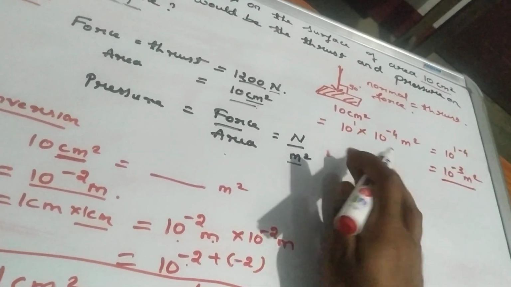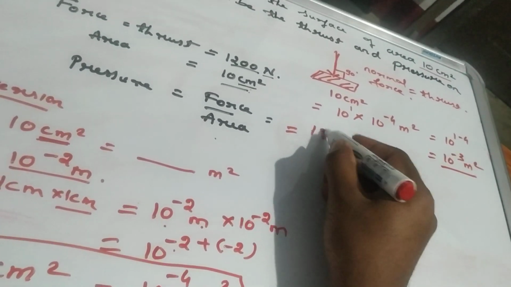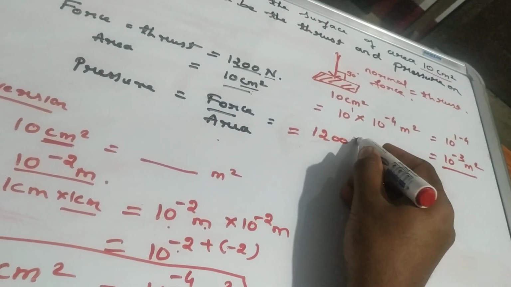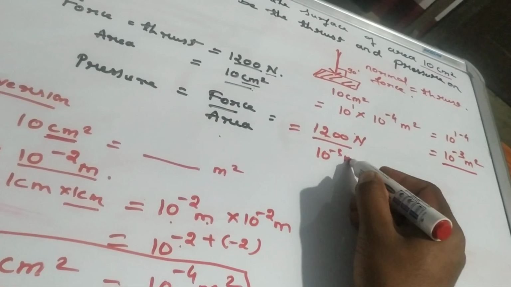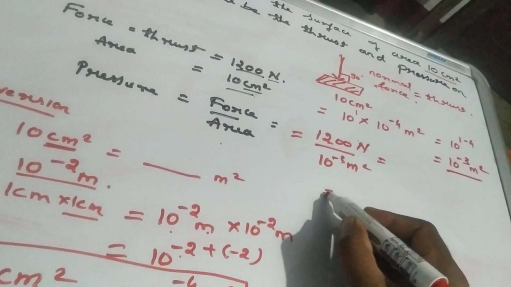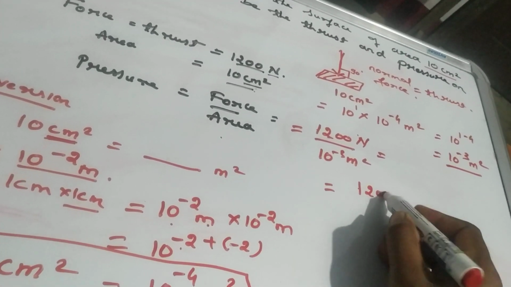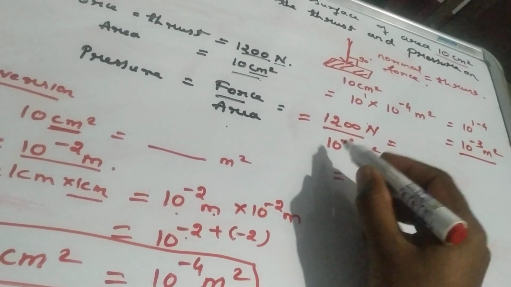Now substitute in the formula, force per area. The force is 1200 Newton, and the area is 10 to the power of minus 3 meter square. Now you bring that 10 to the power of minus 3 upside.